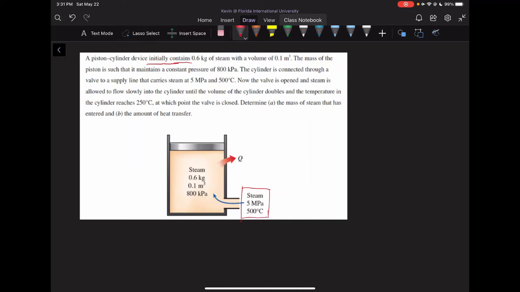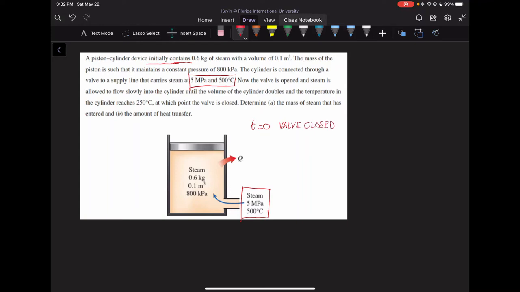Now the valve is opened and the steam is allowed to flow slowly into the cylinder until the volume of the cylinder doubles and the temperature in the cylinder reaches 250 degrees. So essentially our state 1 is defined at the top. This is our state I essentially. Okay, it's our inlet state, and we're told that at time 0 the inlet is closed. So we can say at time 0 the valve is closed.